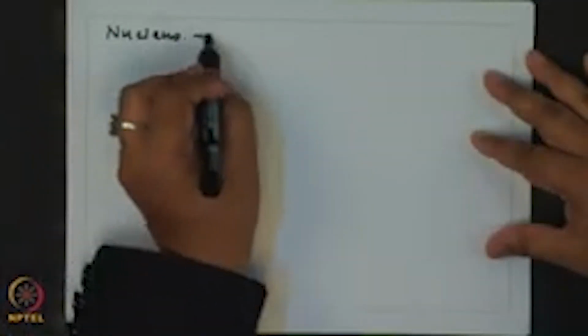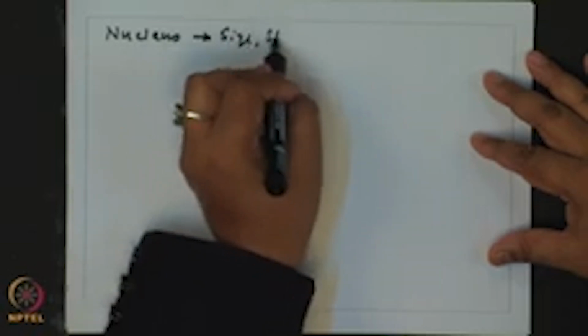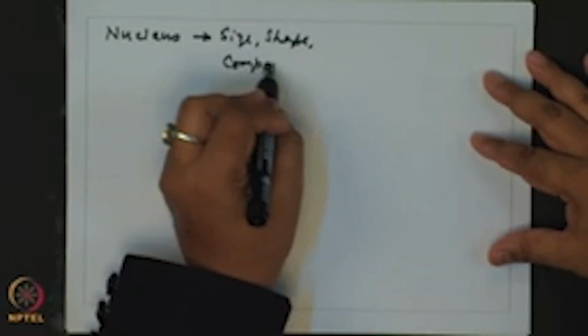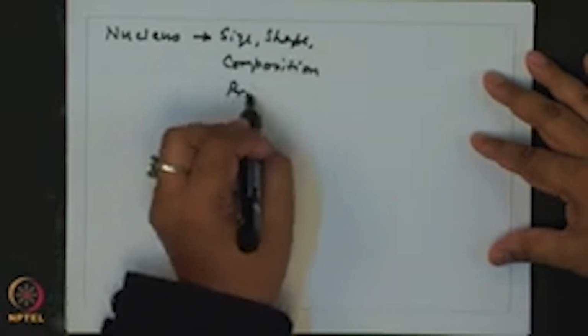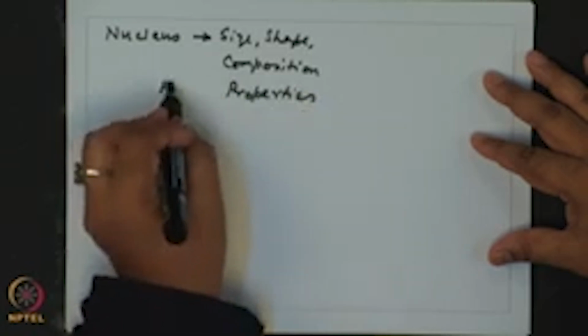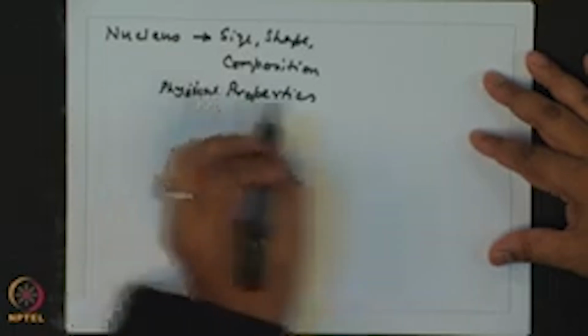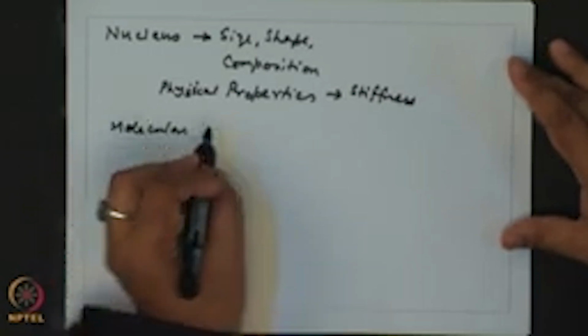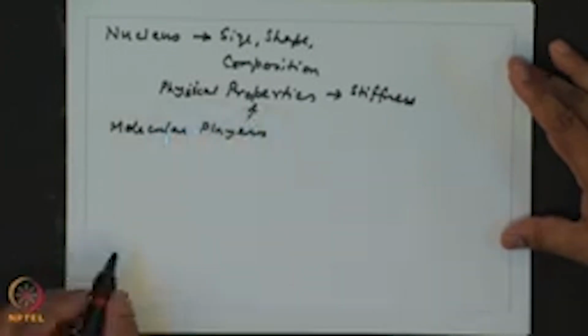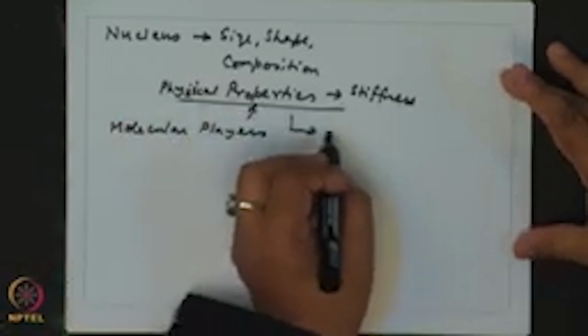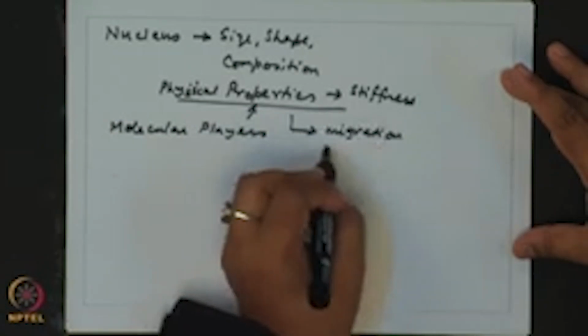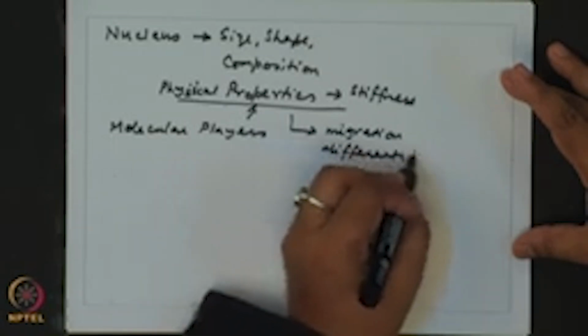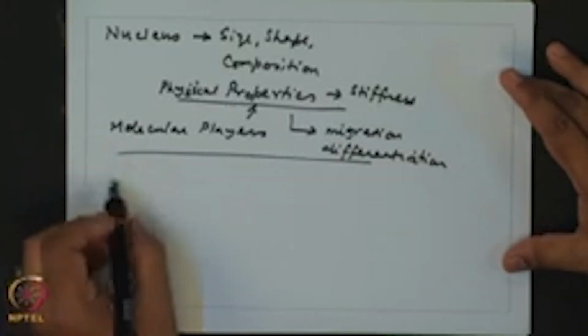Over the next 3-4 lectures we will discuss the nucleus: what are its size, shape, composition and properties, physical properties like stiffness, and how molecular players dictate these properties, and how these properties are relevant to processes like migration and differentiation. So, we begin with discussing the nucleus in general.